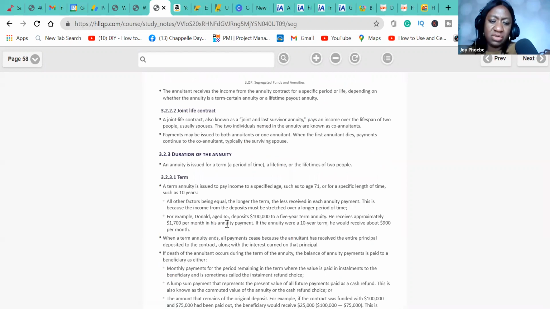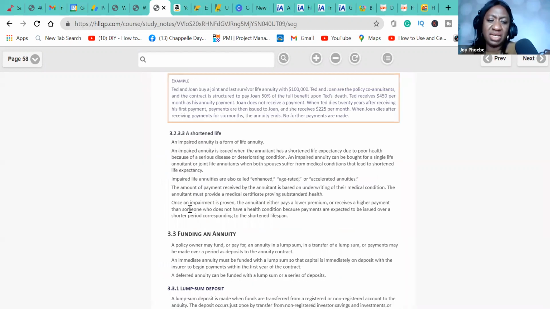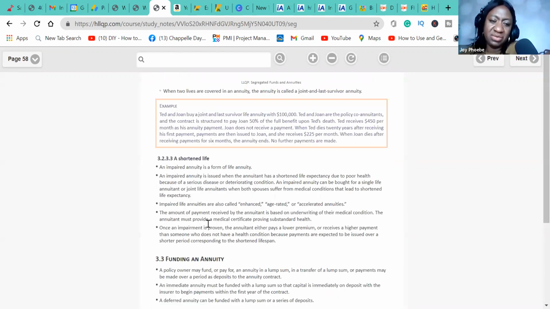All right, so we move on to the case of a shortened life. An impaired annuity is a form of life annuity. An impaired annuity is issued when an annuitant has a shortened life expectancy due to poor health, because of a serious disease or deteriorating condition.